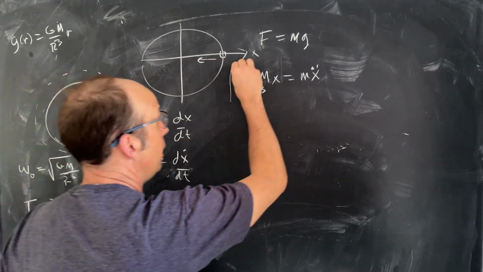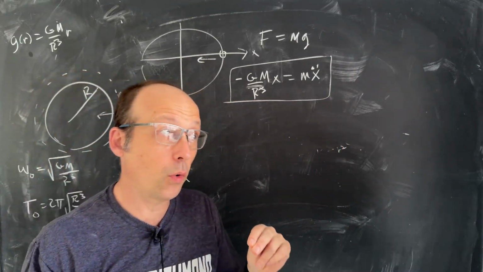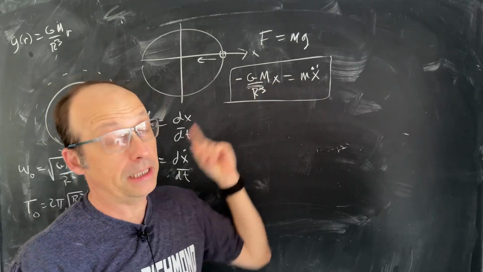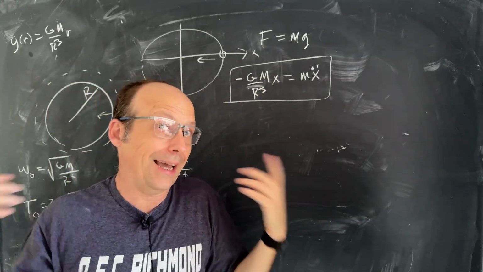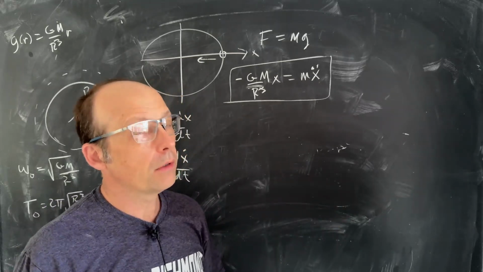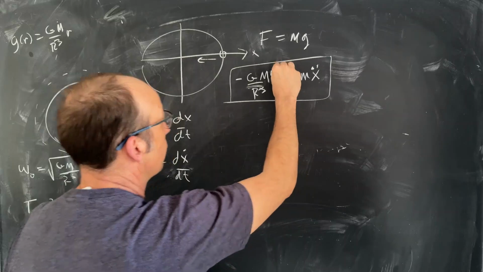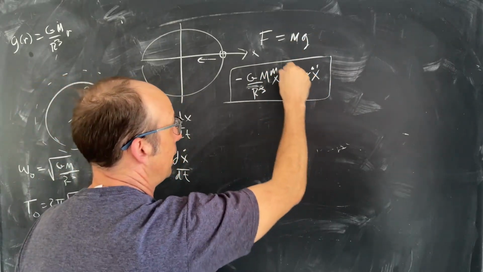So I have here a problem, right? Because it's a differential equation that says the acceleration depends on the position, but the position depends on the velocity, and the velocity depends on the acceleration. So it's like, I can't do this problem. Well, you know you can. So let's, oh, there's another mass right there, right? Because that was a gravitational field. It's mg, so I left that off, but that cancels.